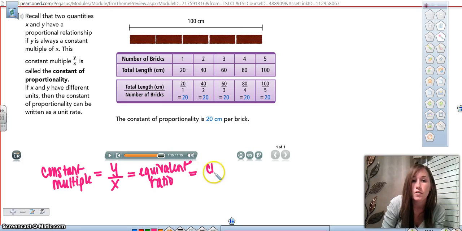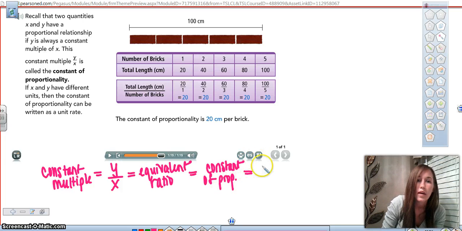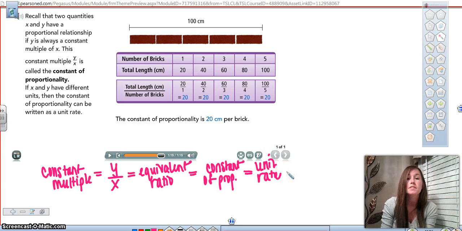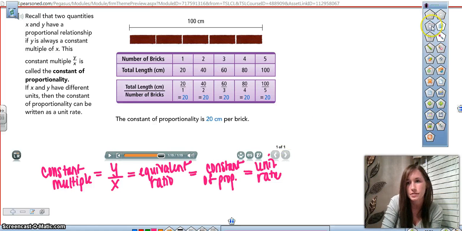It's called the constant of proportionality. And it's also always equal to the unit rate. So if we know any one of these things, we know all the others. We're always going to see the same number reappearing and reappearing in these proportional situations.